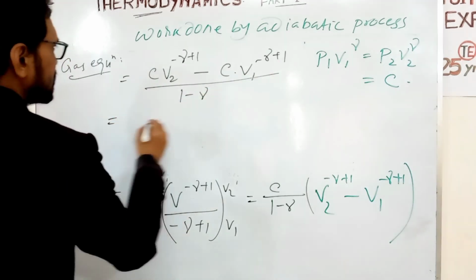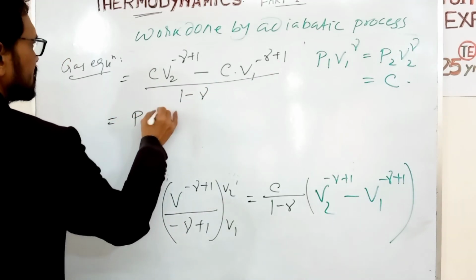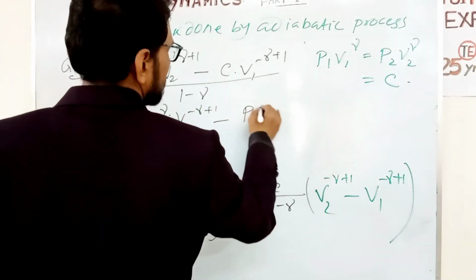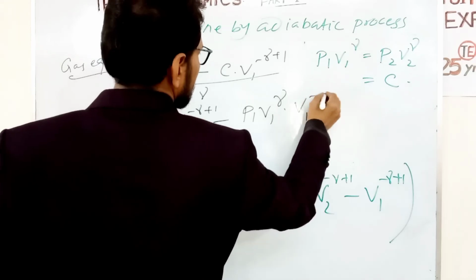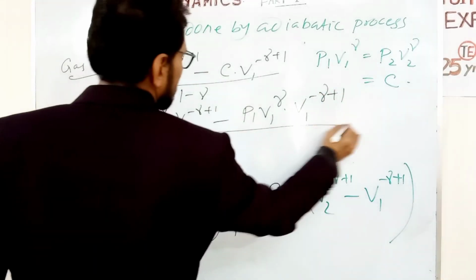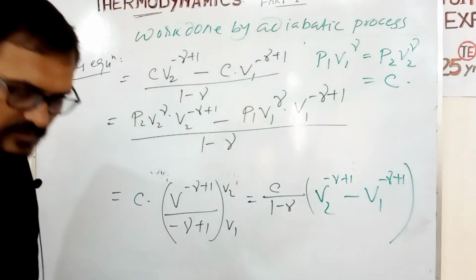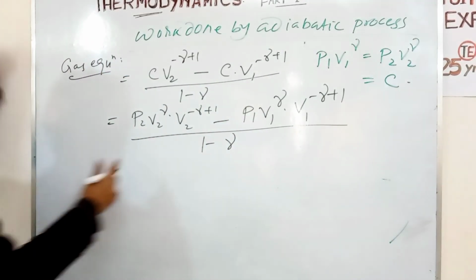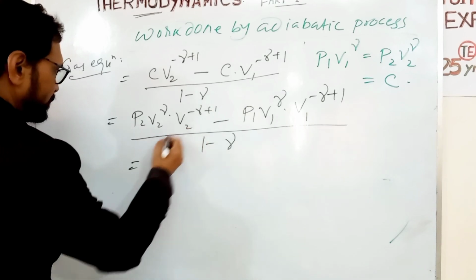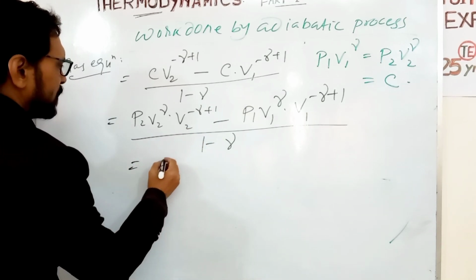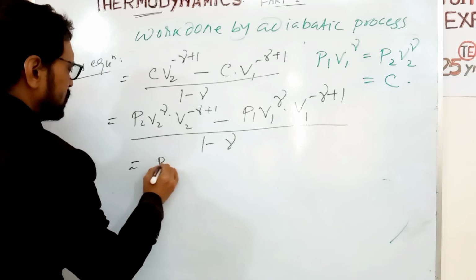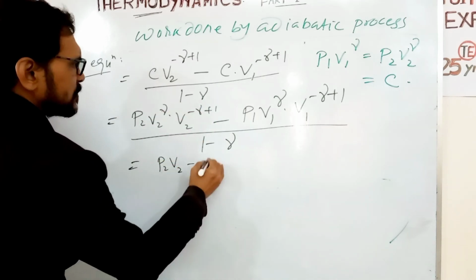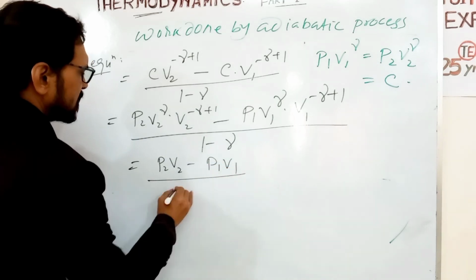This gives P2 V2 minus P1 V1 by 1 minus gamma.